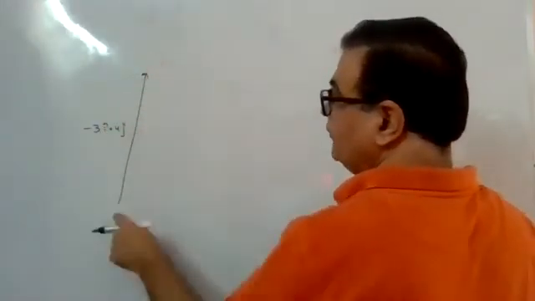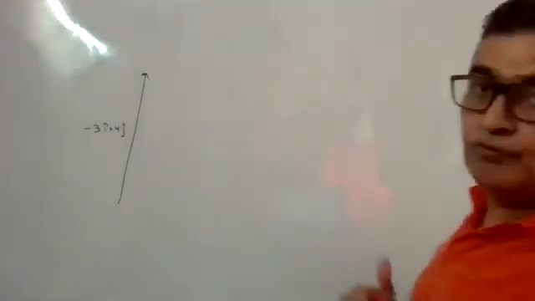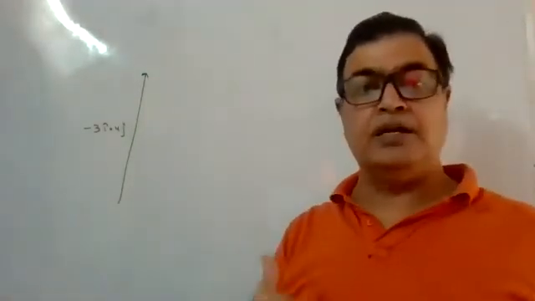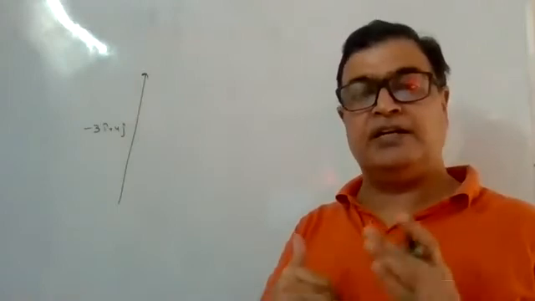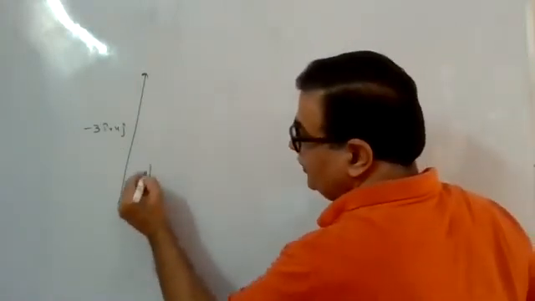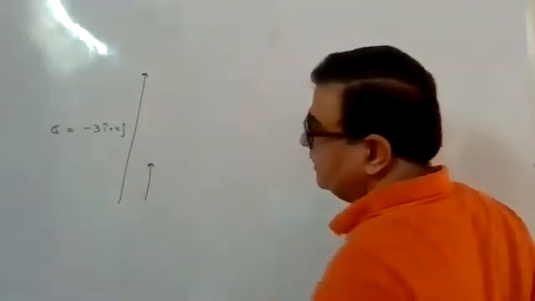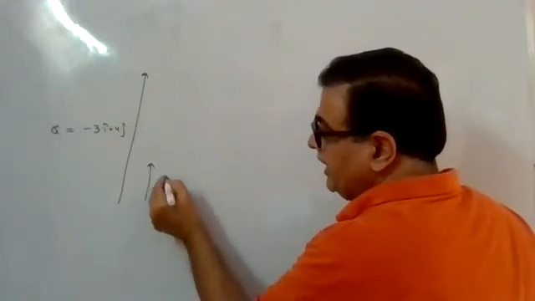I want a unit vector parallel to it. A unit vector parallel to it means the vector which will show the direction of it. इसके parallel एक unit vector चाहिए. Let this vector be A, and we want the A cap here.